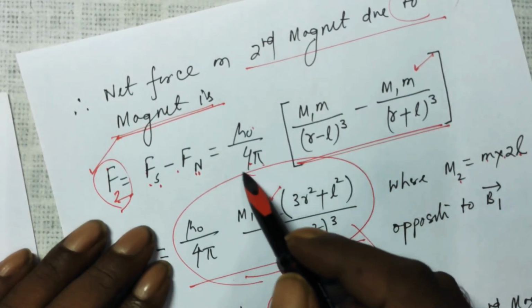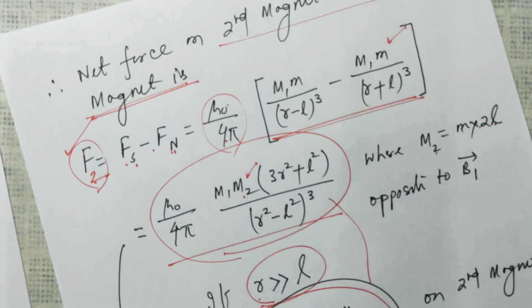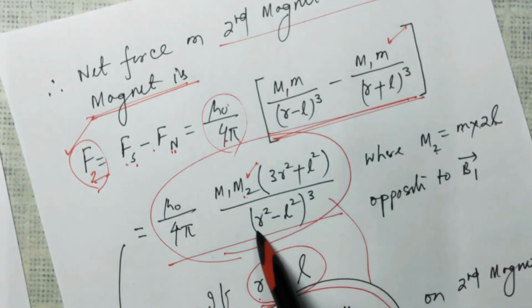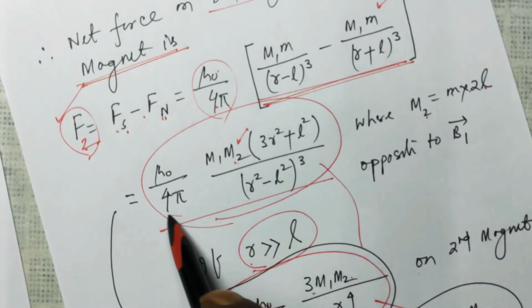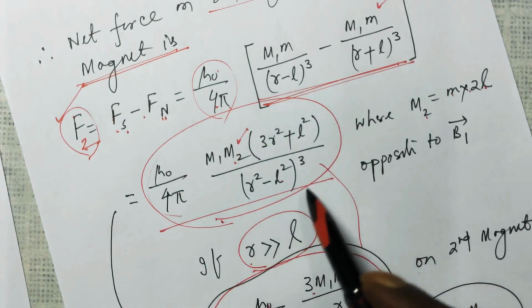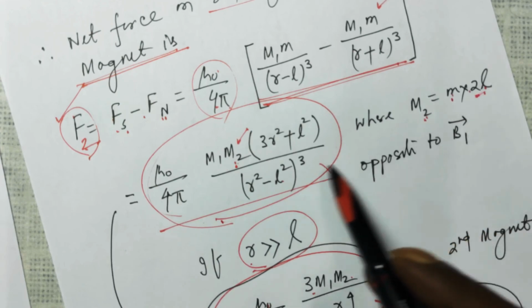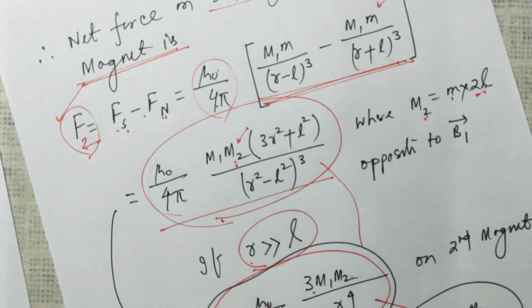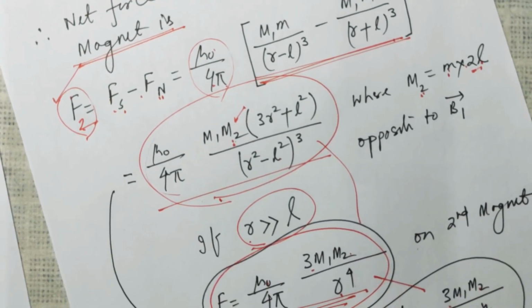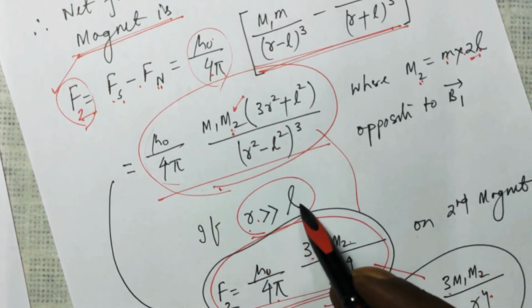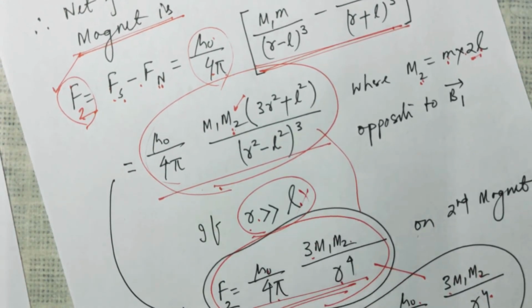I take mu naught over 4 pi common, so I am left with this. So take the LCM. This comes out to be this much, where m2 is equal to pole strength times the length, right? Now there is again an approximation. If the distance r is very much greater than L, then L can be neglected.